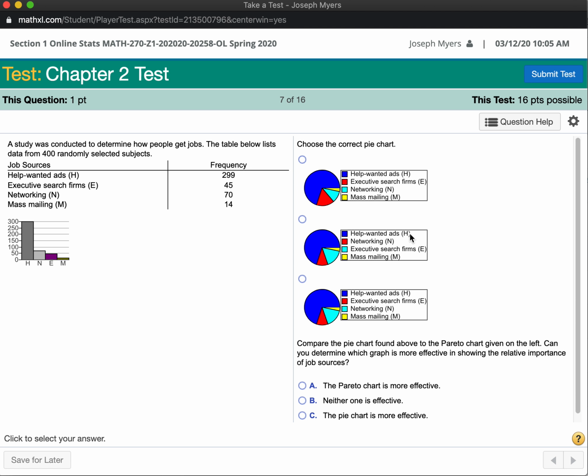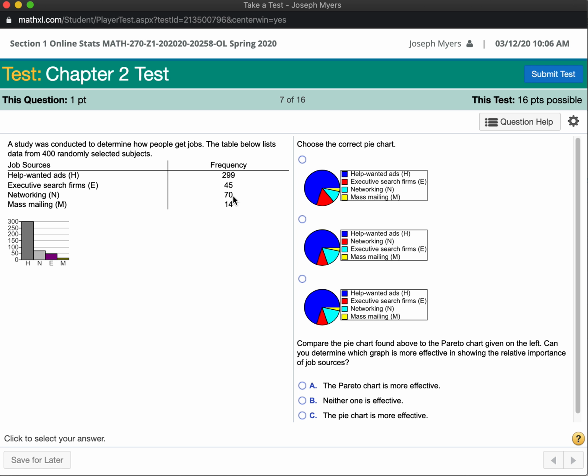So that would be the biggest amount. And then next most is networking. So this is kind of hard to see because it's so small. Let's see. So help wanted is definitely the biggest.